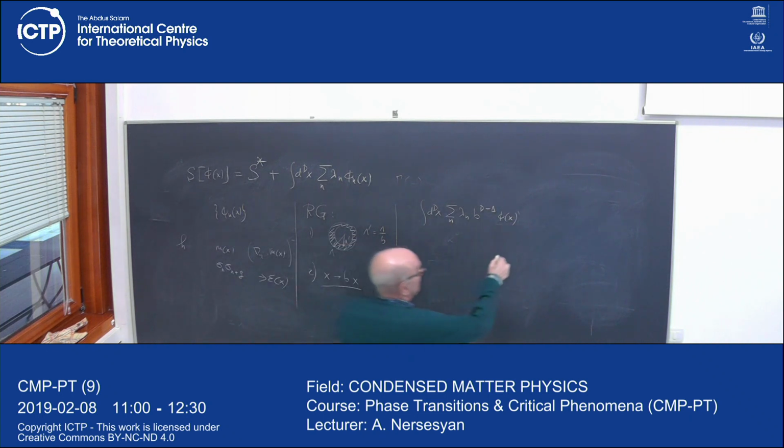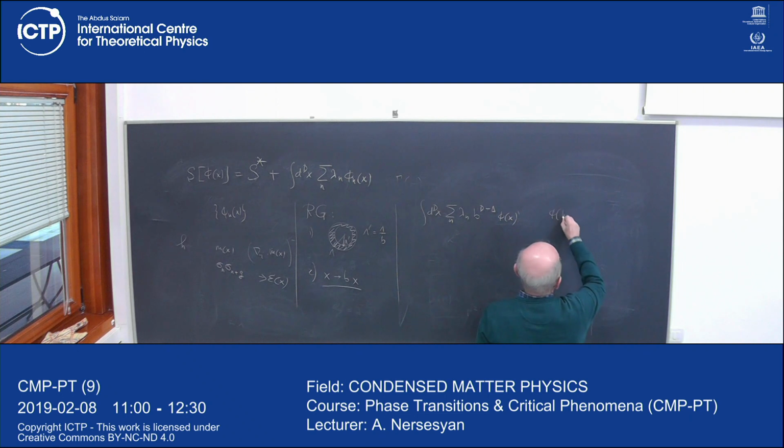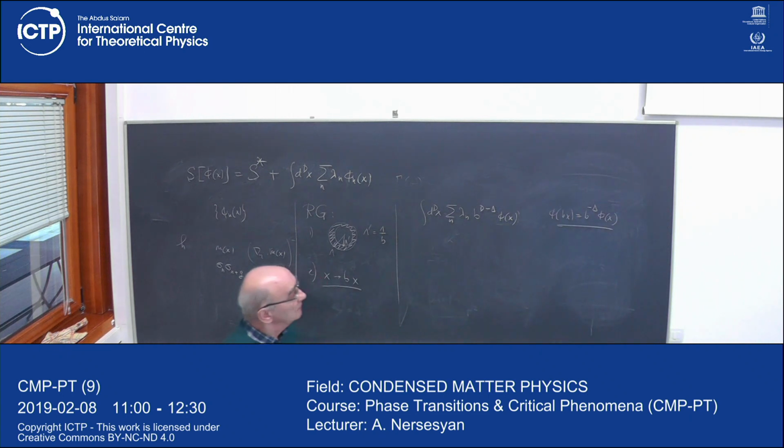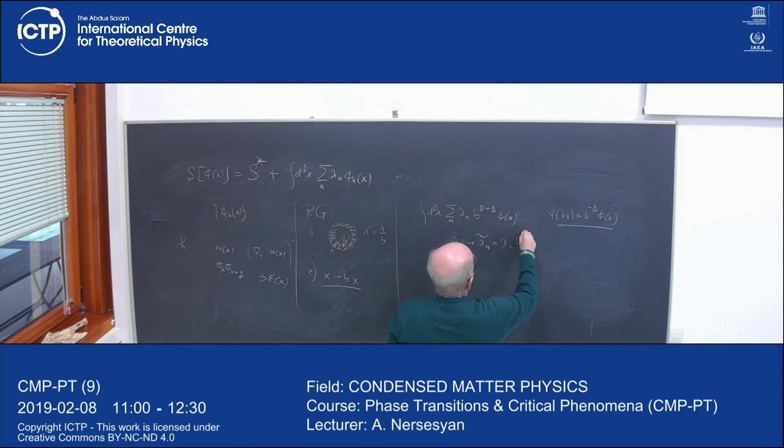So what I did, I used the relation that phi n of bx is b to the power minus delta n times phi n of x. This is the definition of this scaling dimension. Right? So you see that lambda n has transformed to some lambda n tilde, which is lambda n times b to the power of d minus delta n.